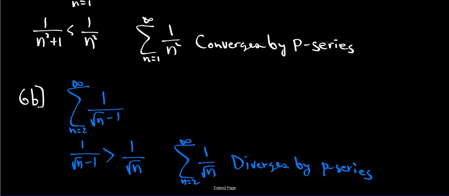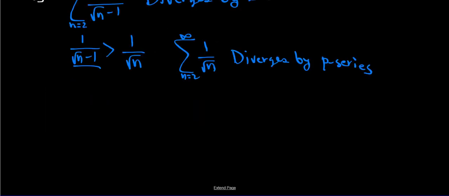So if that one diverges and it's less than this one, then this one must diverge by direct comparison.